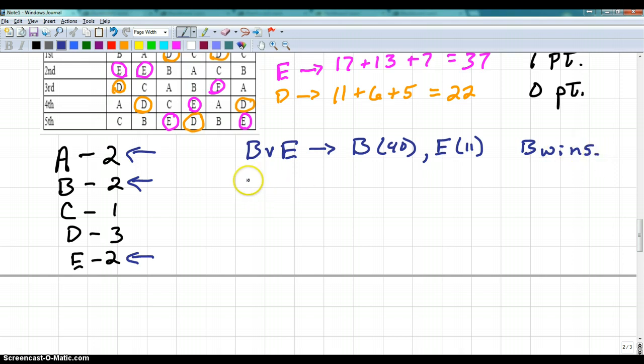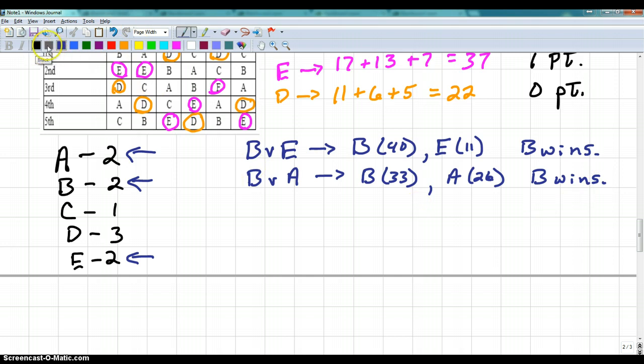In the comparison between candidate B and candidate A, we'll see that B had 33 votes and A had 26 votes, so therefore B wins again, which means that right now the way everything is shaping up is since D had 3 points, D is going to be first.